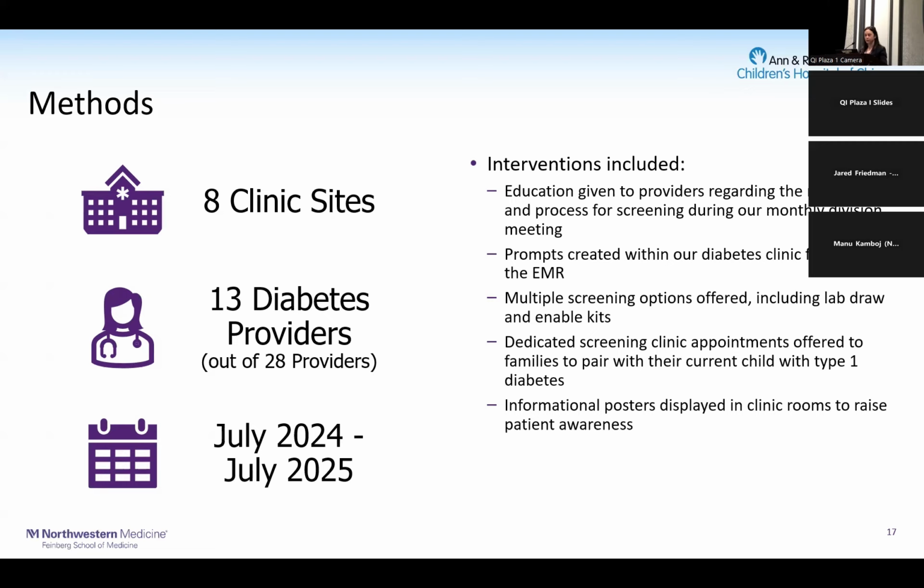We also discussed with families at the visit that should you bring in your other child, we can complete the visit together with your type 1 patient so you don't have to come in for a separate visit. We also hung informational posters in clinic rooms to raise patient awareness. So when families were sitting in their exam room, they saw this poster that gave information about screening.